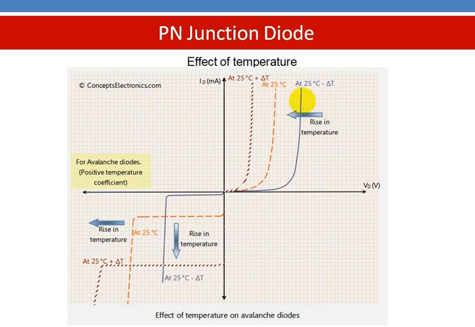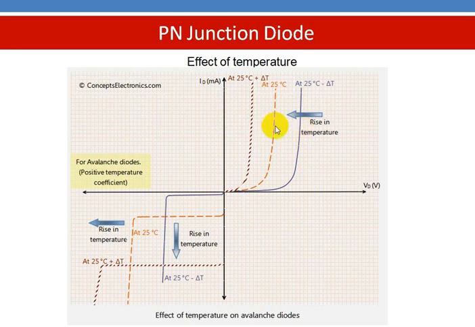This implies that the voltage drop across the diode is getting increased. As the current increases, the voltage drop also increases.